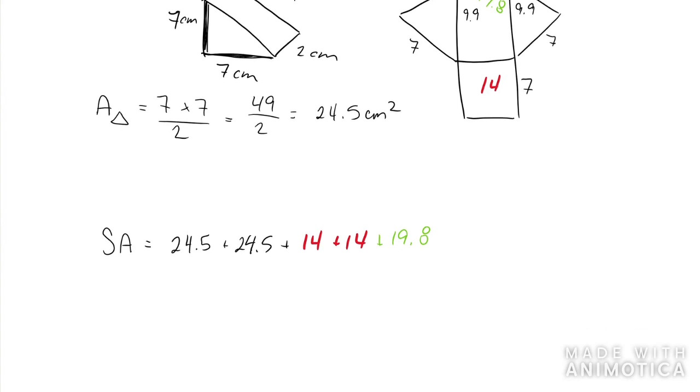So 24.5 plus 24.5, that gives us 49, plus 28, plus 19.8, so that will actually give us 96.8 centimeters squared.